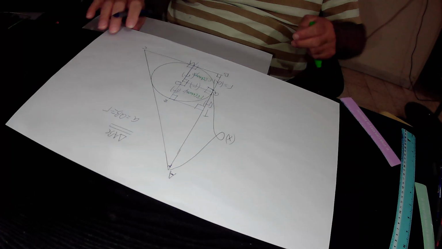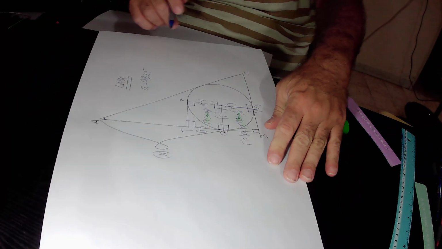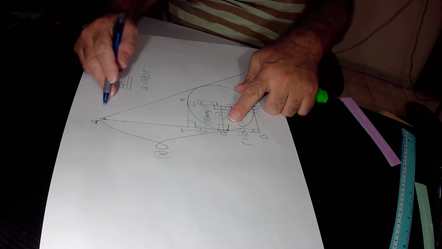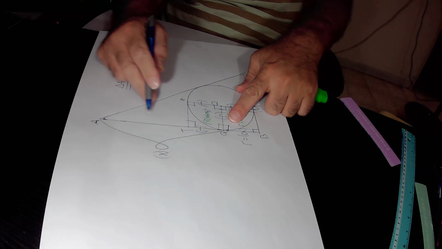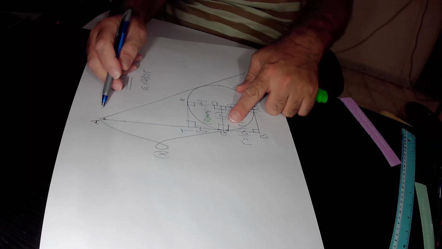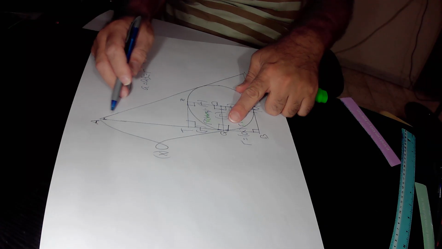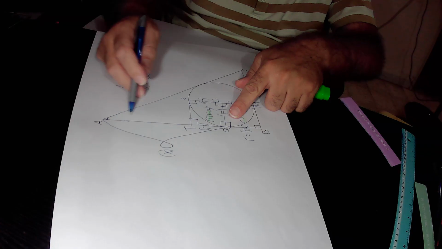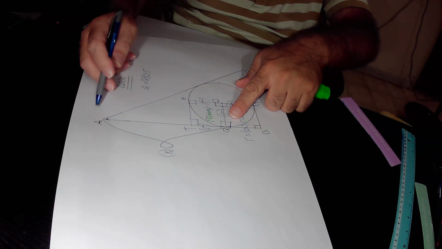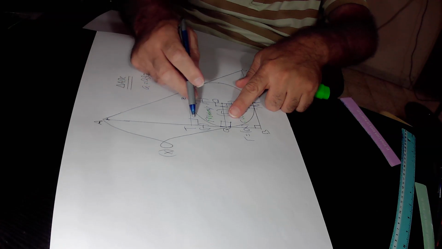What about AQ? Actually, from one side, AQ equals X, that is the variable that we are looking for in this question, but from the other side, AQ equals AT plus TQ. Again, AQ in total equals AT plus TQ.